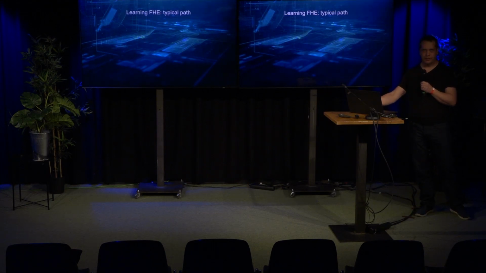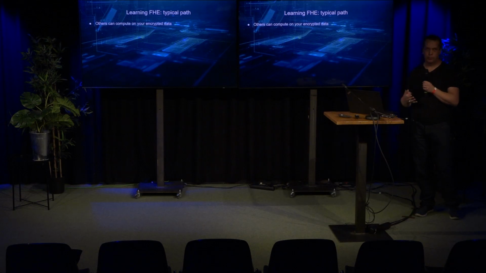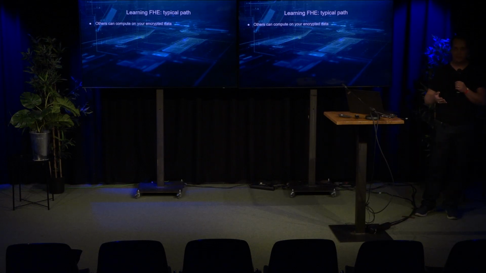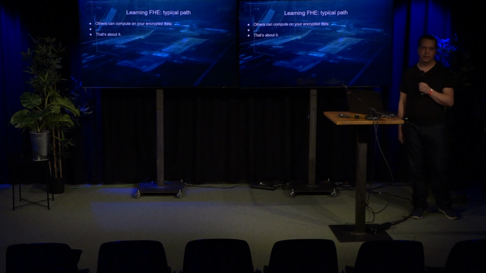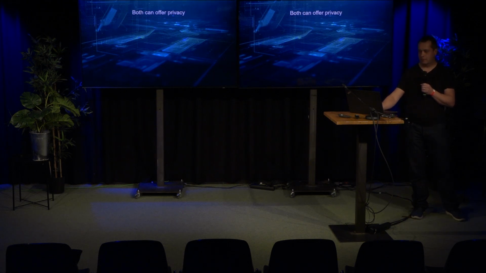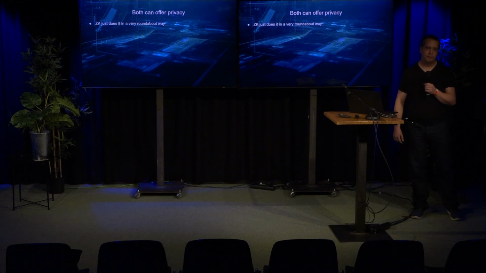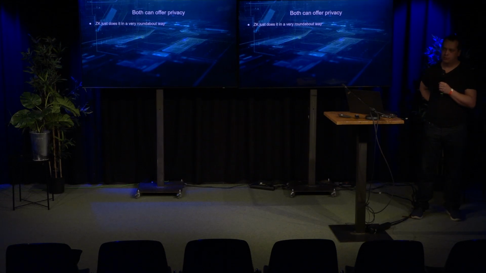So for FHE, the learning path is a bit different, I would say. Point 1, you have some data, you encrypt it, and other people can compute based on the data. And that's about it. There's nothing else you have to learn about it. They both offer privacy, but how ZK does it is a totally different way.